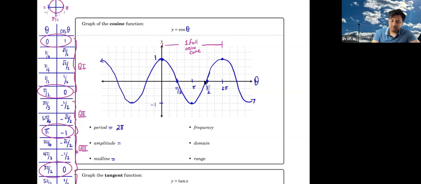What is my midline first? My midline is the center here, and it's y equals 0. My amplitude is the distance between the midline and the highest point, or the midline and the lowest point. But my amplitude is just 1.